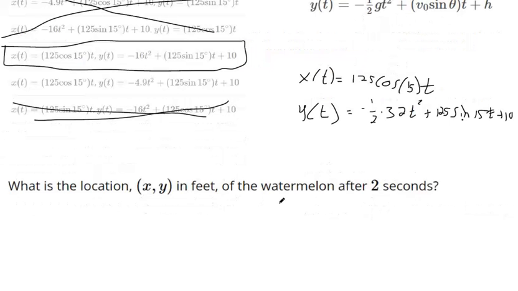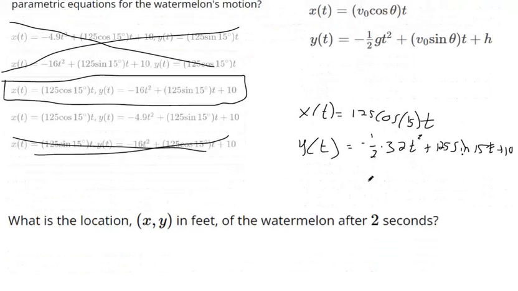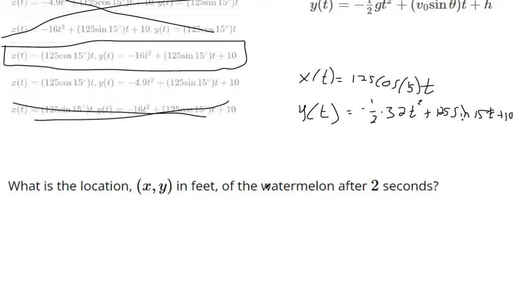And the next part's what's the location after 2 seconds? This is where you just plug in 2 into both of these parametric equations for t.